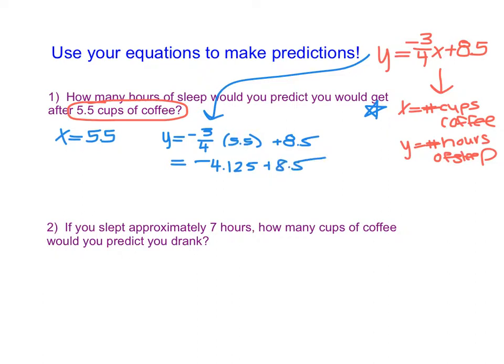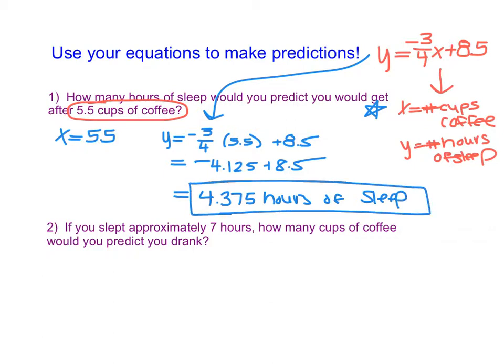We then add that together with 8.5, and we find that we would predict we would get about 4.375 hours of sleep if we drank 5.5 cups of coffee.